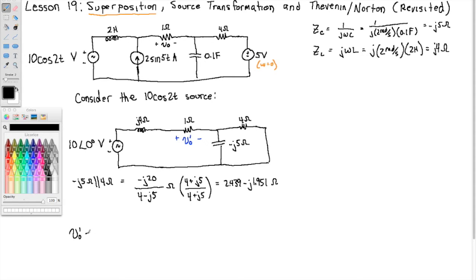V0 prime equals 10 angle 0 volts times the impedance whose voltage I want, that's the 1 ohm, divided by the sum of the 3 impedances. So that's 1 ohm plus j4 ohms plus the equivalent 2.439 minus j1.951 ohms.